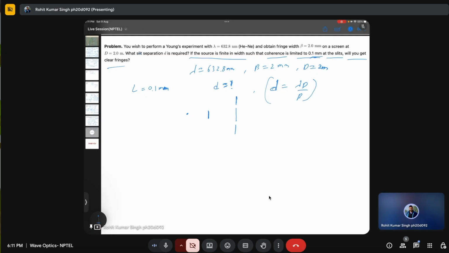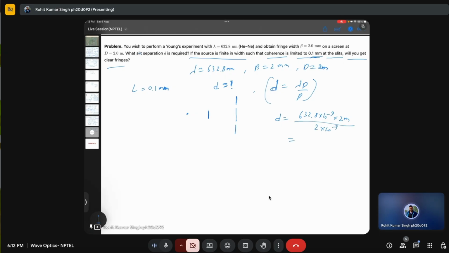First let's calculate D. Let's put everything in: 332.8 into 10 to the power minus 9, into D, which is 2 meters. Beta is 2 millimeter, so 2 into 10 to the power minus 3.